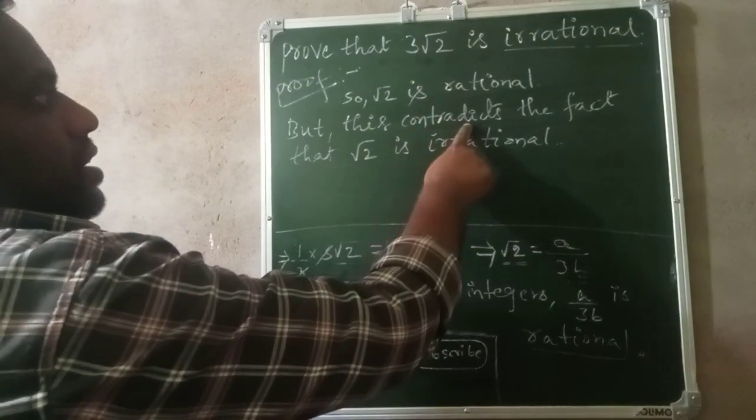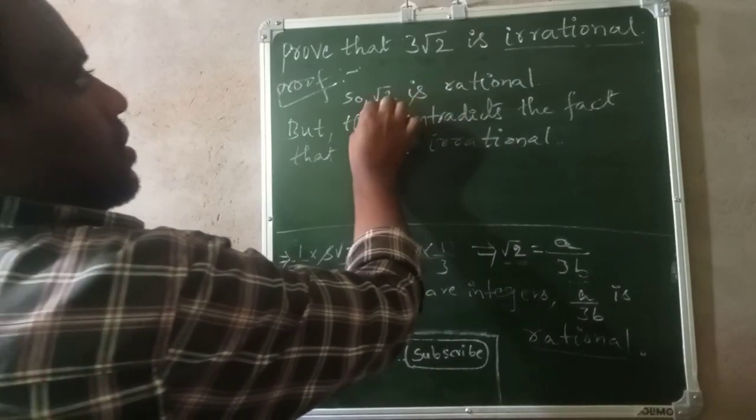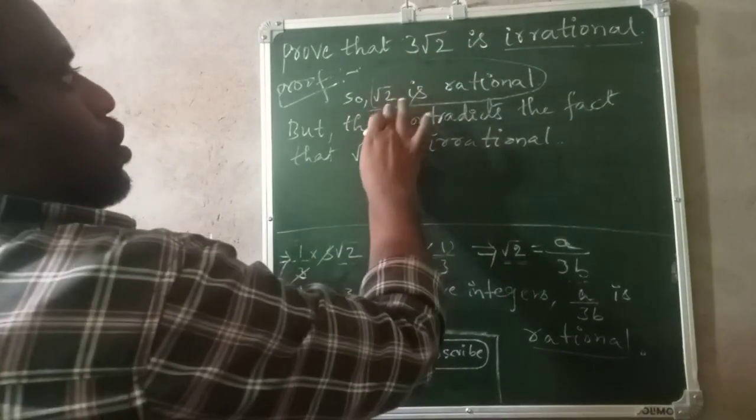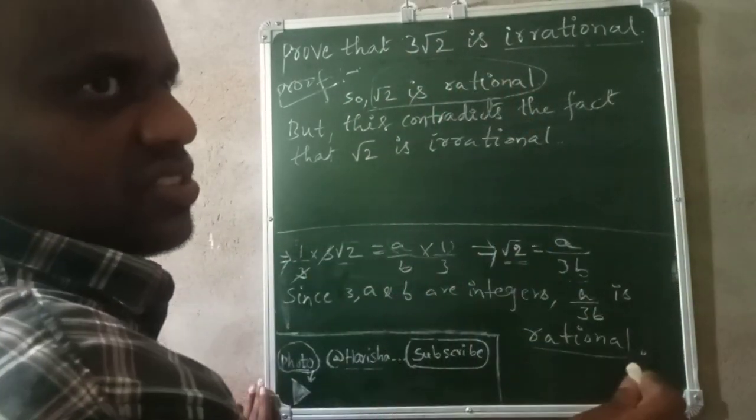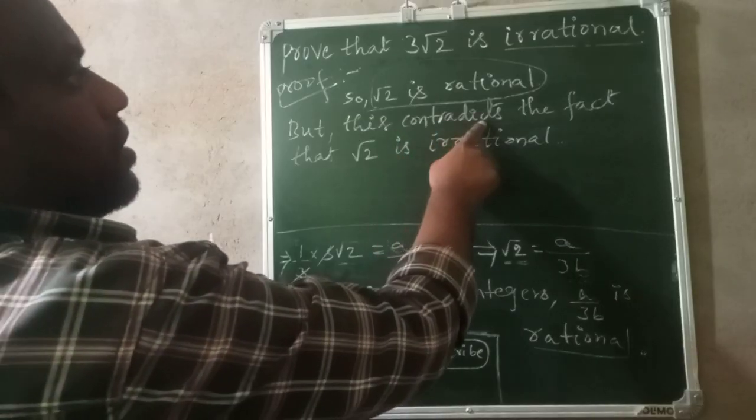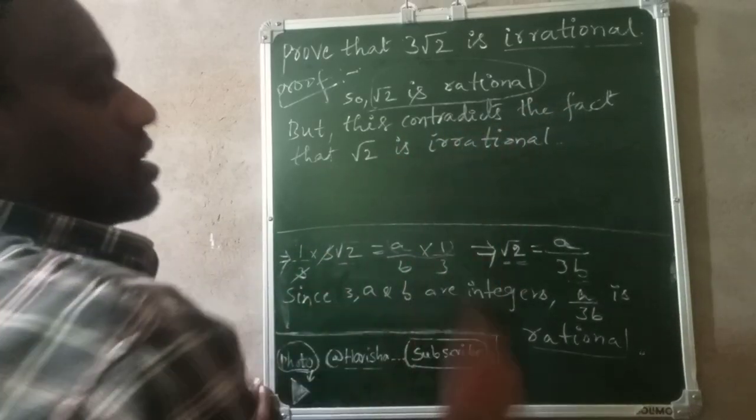See, this contradicts means this one. Root 2 is irrational sentence is there, no? That is, it contradicts the fact that root 2 is irrational.